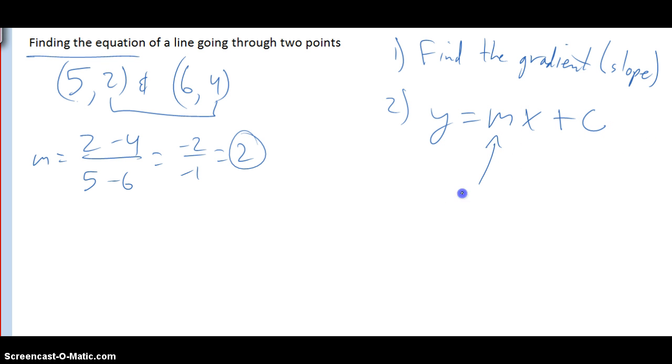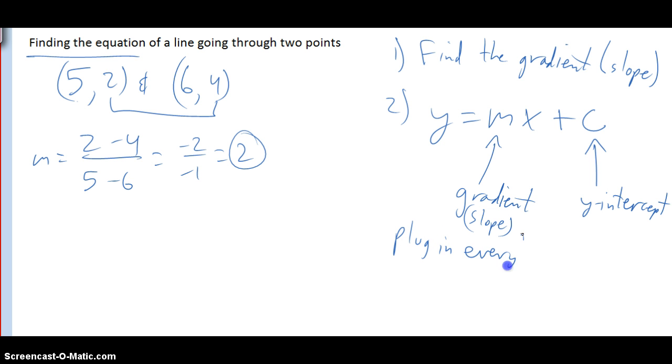The m represents the gradient, or the slope, and the c represents the y-intercept. So what you do is you plug in everything you know into y equals mx plus c.